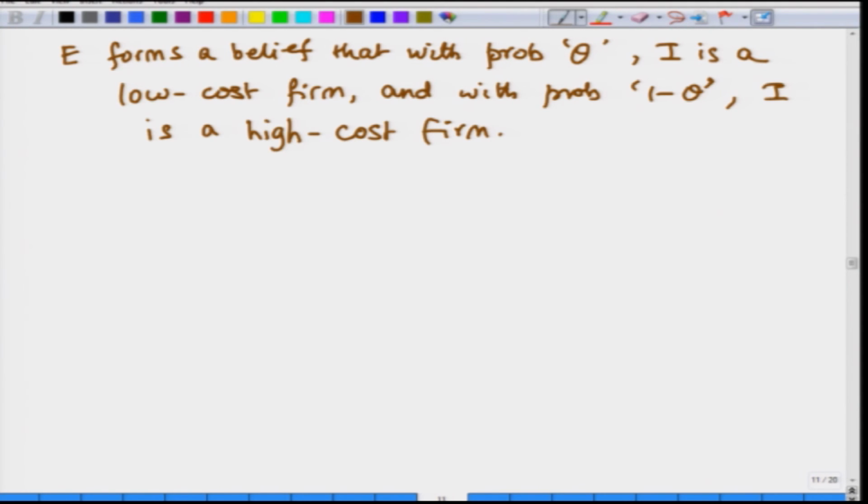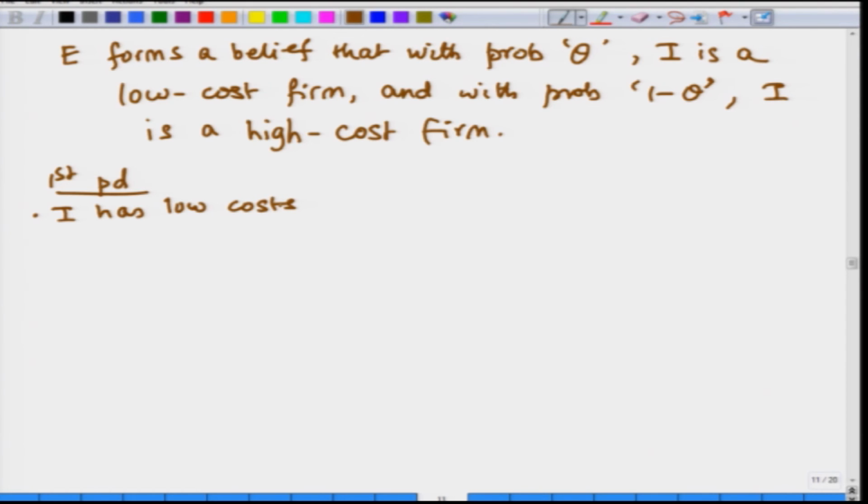Now, to make the model tractable, we will work out a particular example. So, let us say that in the first period, when I has low costs, right.